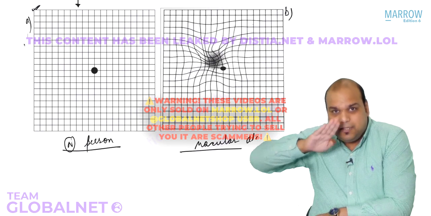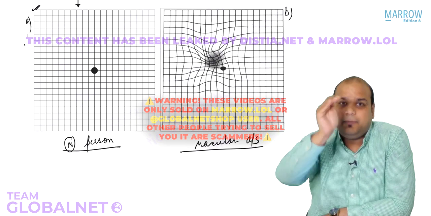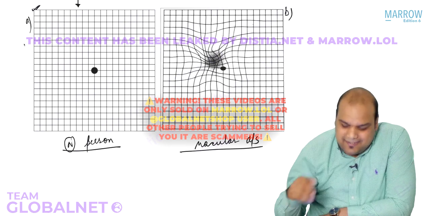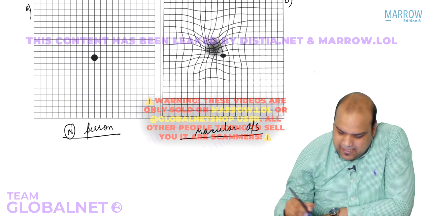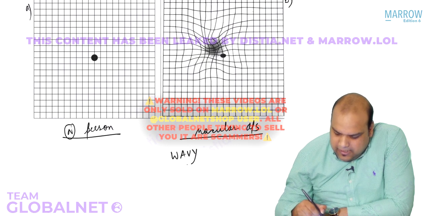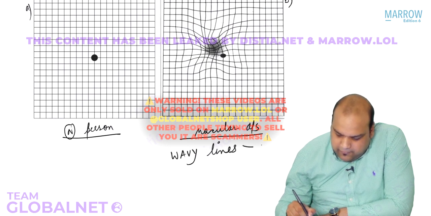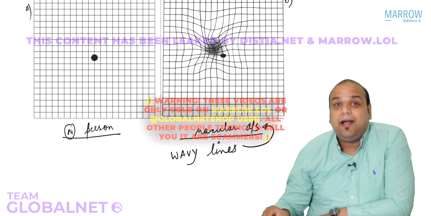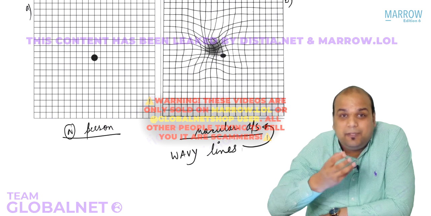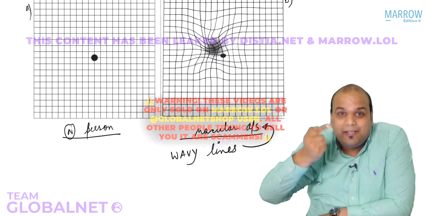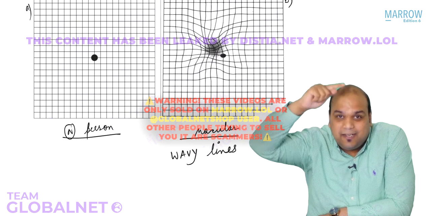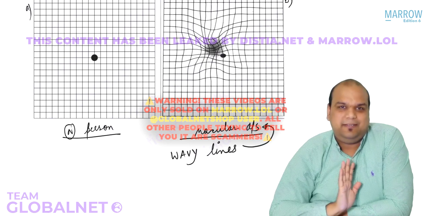Something is going in, something is coming out. So the patient is saying that I see wavy lines. Wavy lines are diagnostic of macular disease. Due to the swelling of the macular disease, the contour of the retina has changed, and that is why the contour of the lines is perceived to be different.